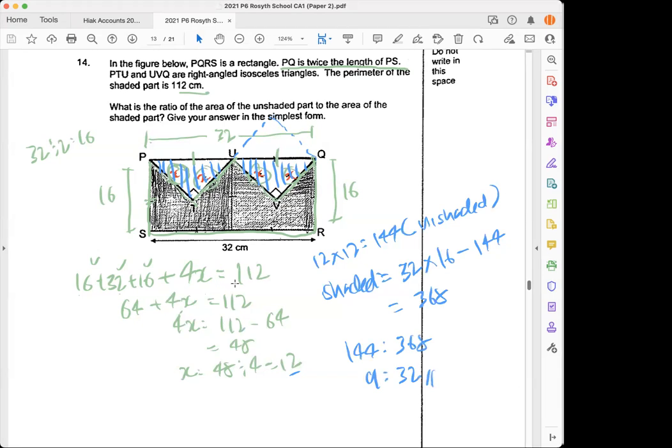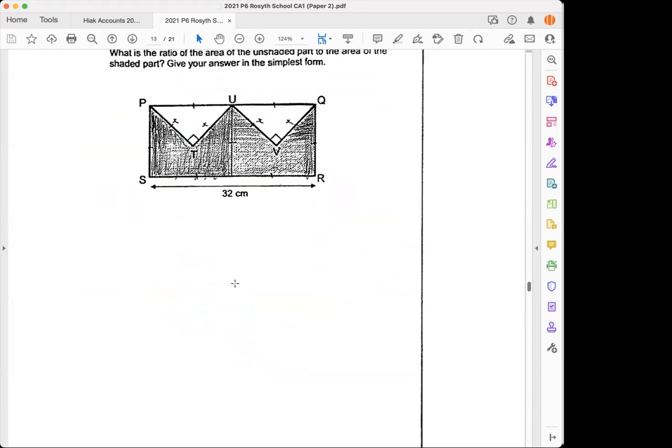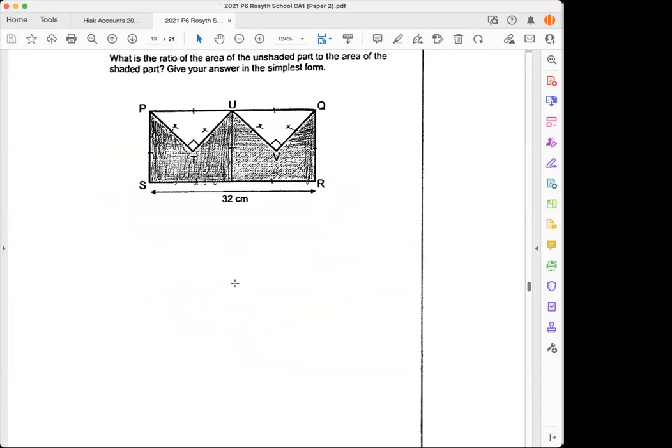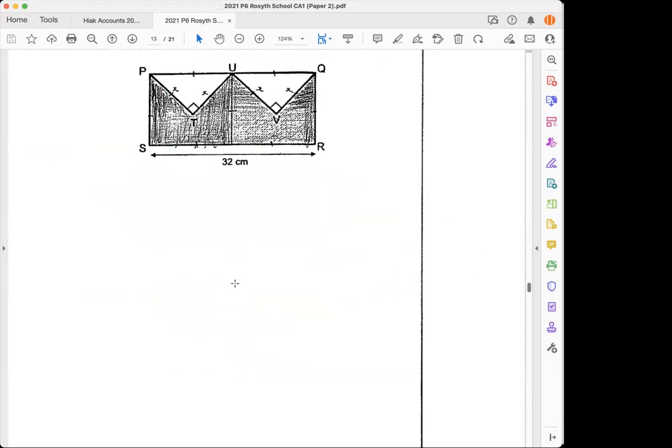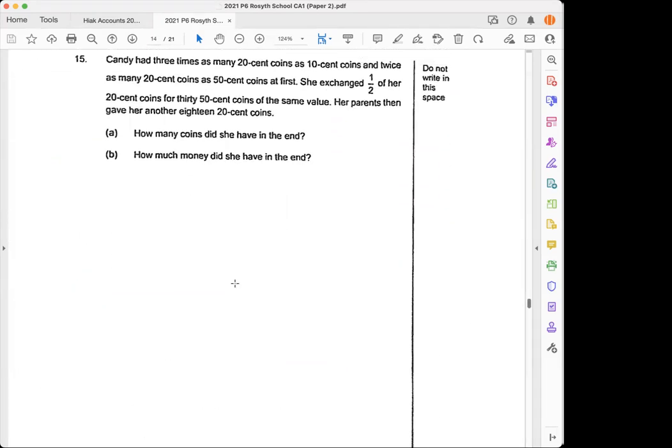Okay, let's continue with the next question, number 15. The solution is pretty long. I'm going to do A first, then I erase and do B. All right.